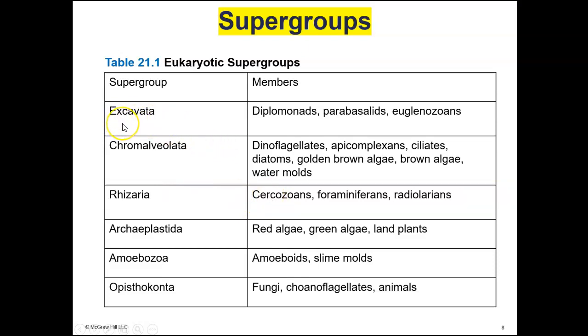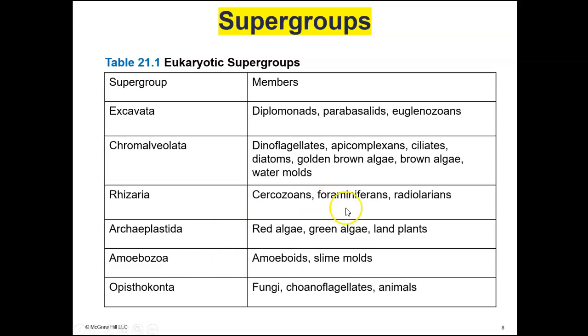You need to memorize the name of the supergroup and the members of the supergroup. And then just focus on your chapter 21 practice test. Those questions are what you have to know. So you don't have to guess about it, but it is memorization that you need to do.